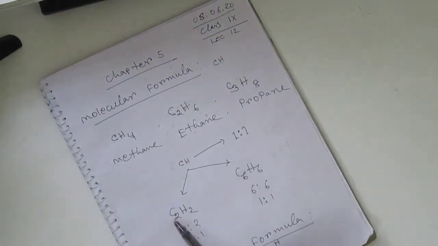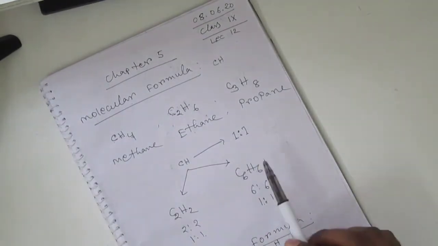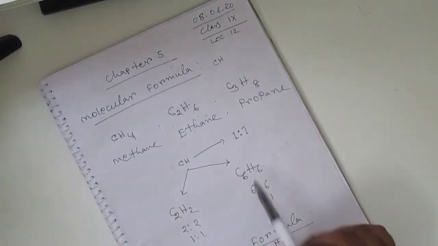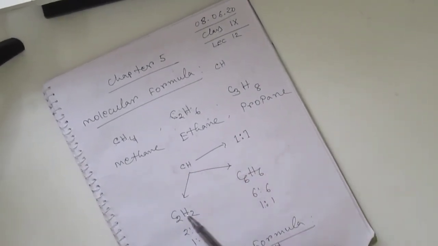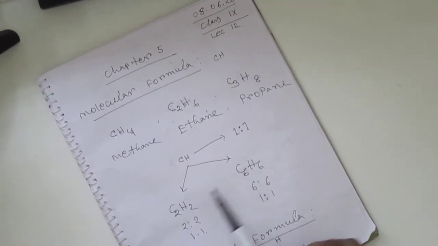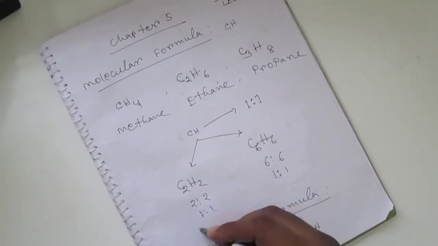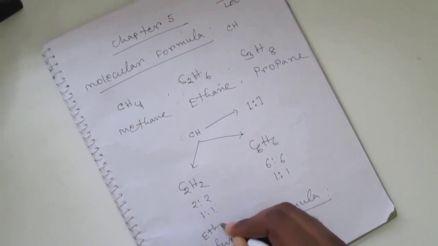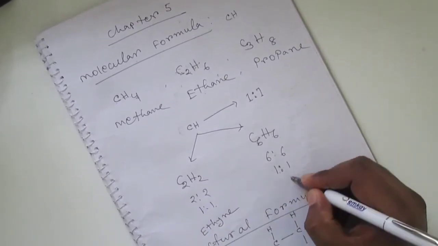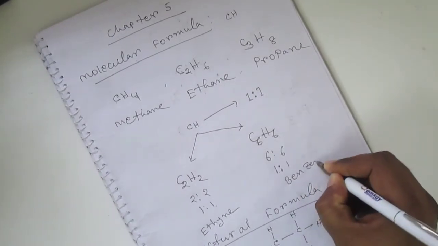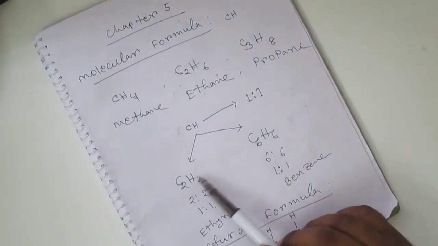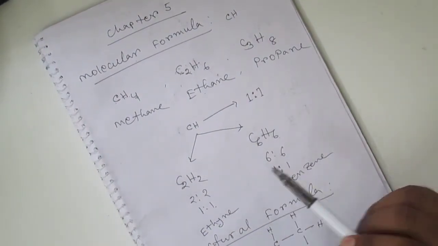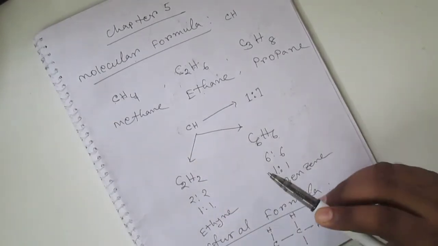So in both cases the ratio is the same, but these two compounds are different. CH is called the empirical formula, and these two formulas are called molecular formulas. This is the formula of ethyne, and this is the formula of benzene. So by molecular formula we can understand each and every compound. So molecular formula is very important.